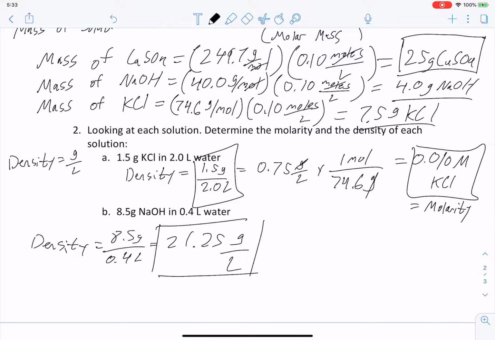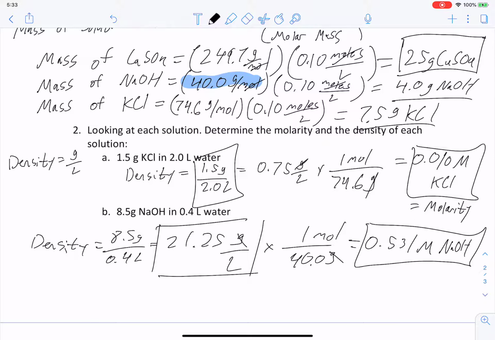Then we need the molar mass, which I'm just going to take from the problem above: 40 grams per mole. Again, I'm going to put that at the bottom per 1 mole, so our grams cancel out. Then we take 21.25 and divide it by 40, which equals 0.531 molarity.